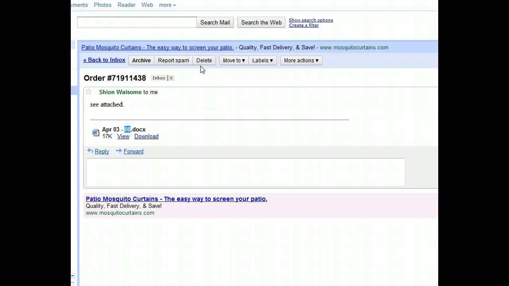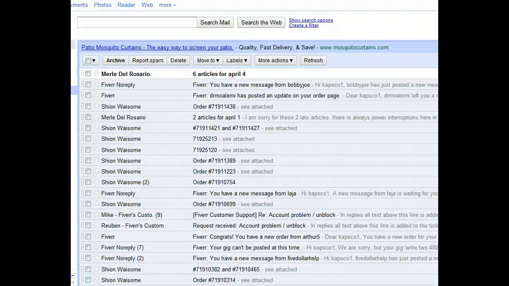So if you're required to do 8 orders per day, you would save that file as April APR03, and this is your 8th order for the day, and you put the order number at the top so that when we're searching for it, we know specifically how to deal with that matter. As you can see here, Merle has sent in her 6 for the particular day.